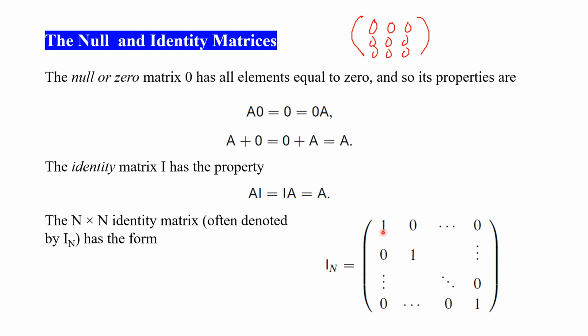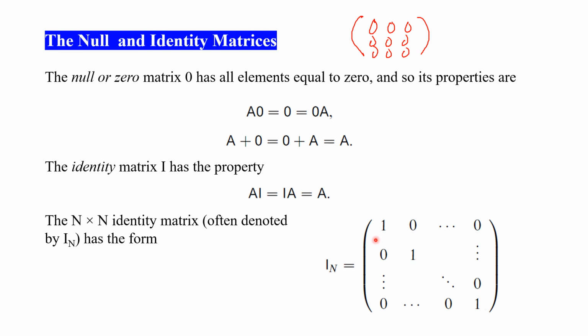All the other numbers are 0 except for the diagonal, where the elements are equal to 1.